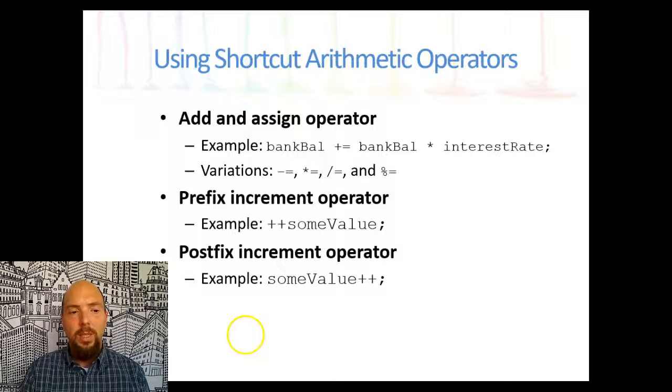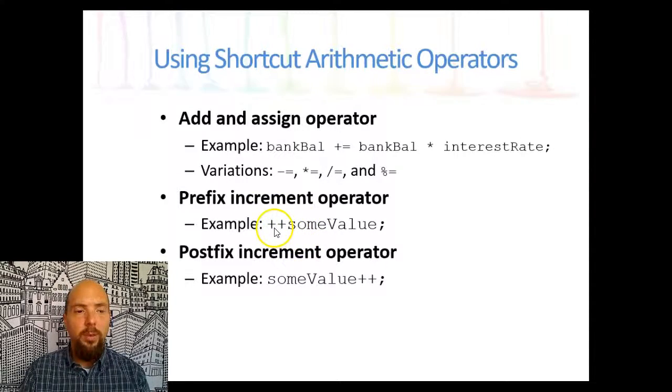Instead of saying x equals x plus 1, I could just simply say plus plus x. And that's the exact same thing as saying x equals x plus 1. Alright, so the difference here between a prefix and a postfix. Try not to use a postfix. If it's a counter, no problem. If it's something that we're actually trying to count a value and we're trying to store it, then we want to do the prefix.